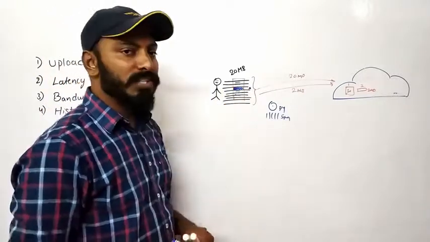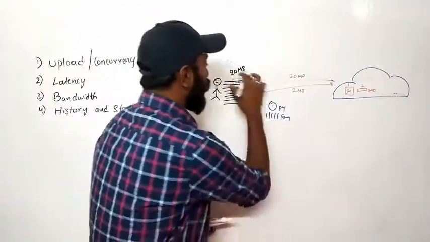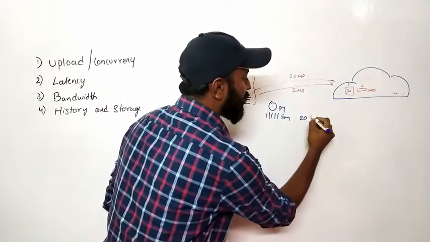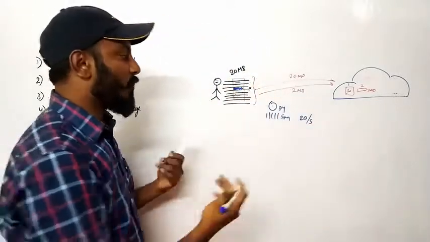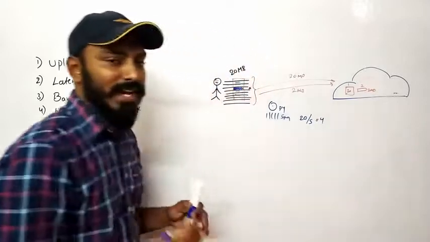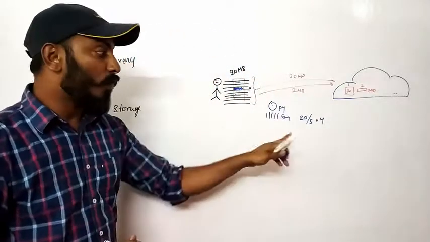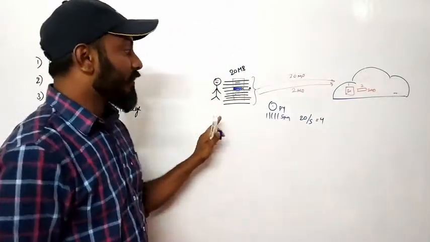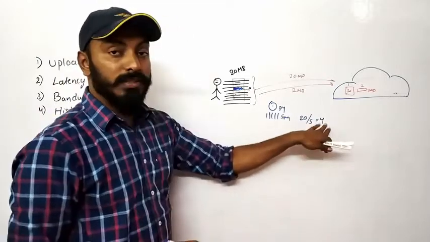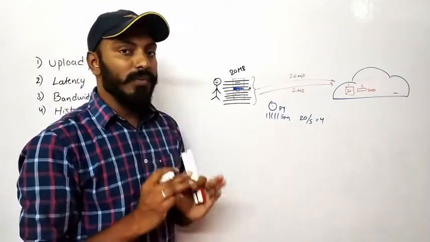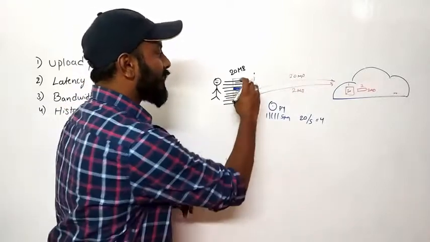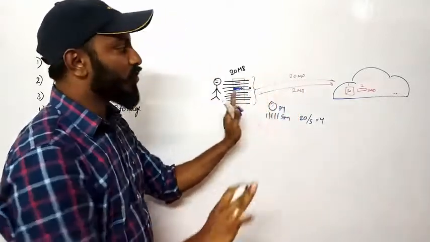Now, how much time does it take? To sync the whole file, we take 20 seconds divided by 5, about 4 seconds only. Earlier we used to take 20 seconds, now we are just taking 4 seconds. That's the optimization. So the latency is very low because we can sync the chunks in parallel to the cloud.